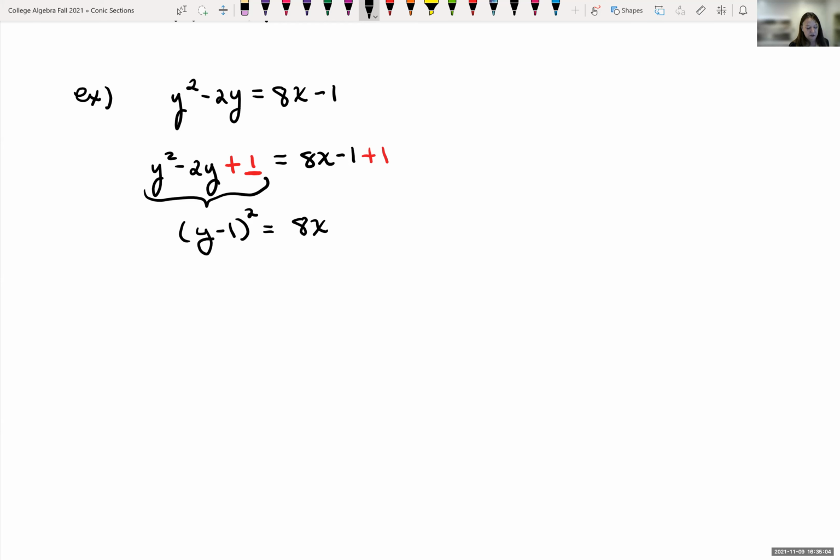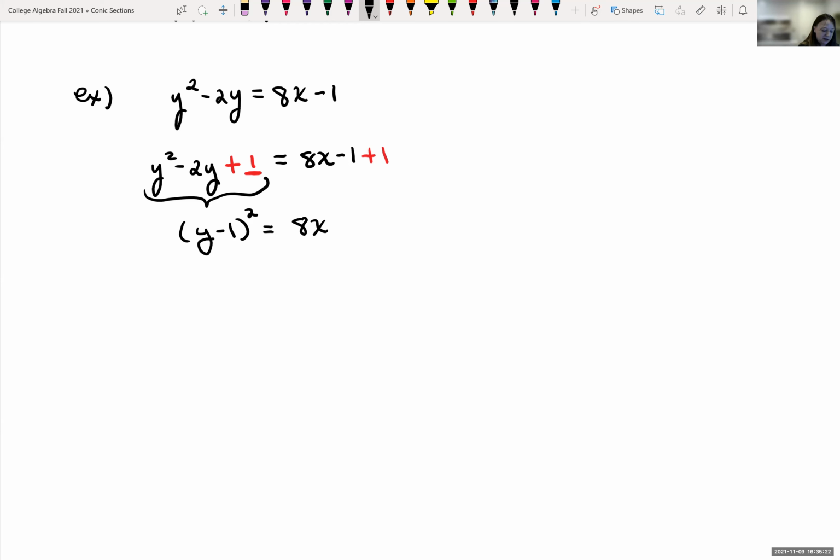And now we want to think of it as we're factoring out the 8. If you notice those formulas, it was always 4p or -4p, and then that quantity was a coefficient of 1 in front of that x in this case.